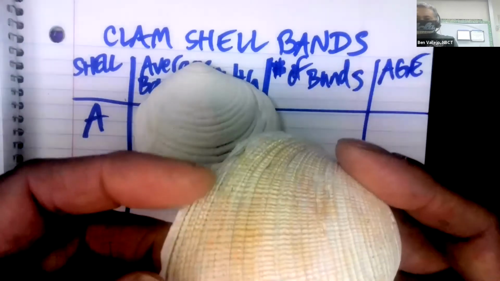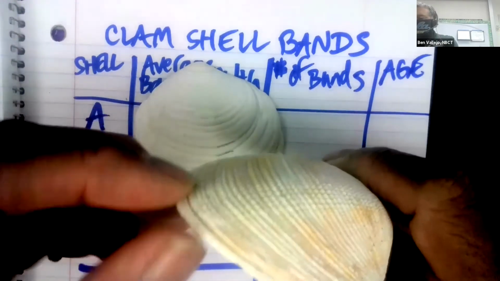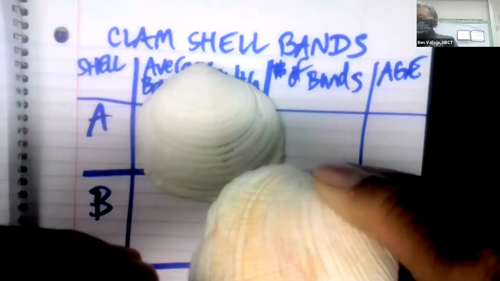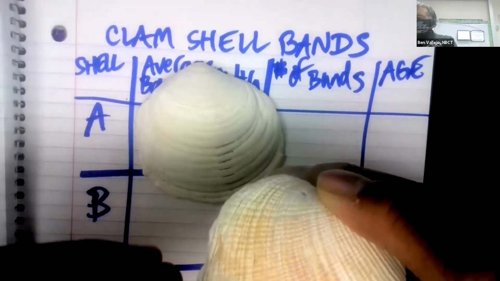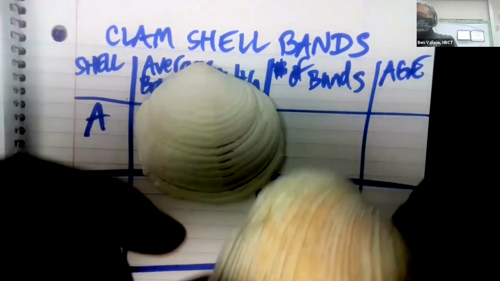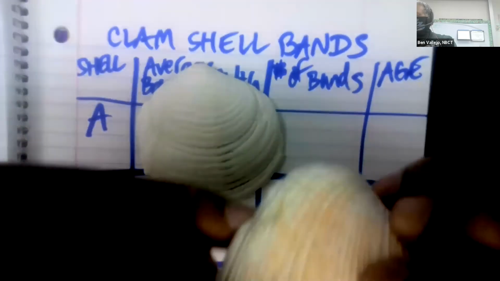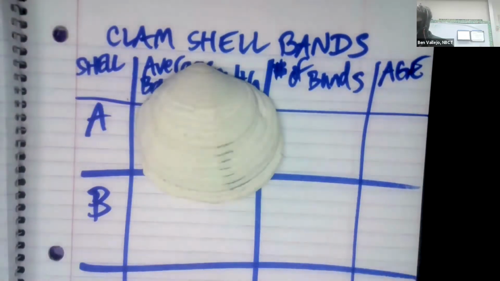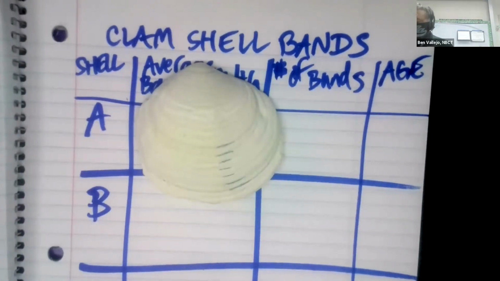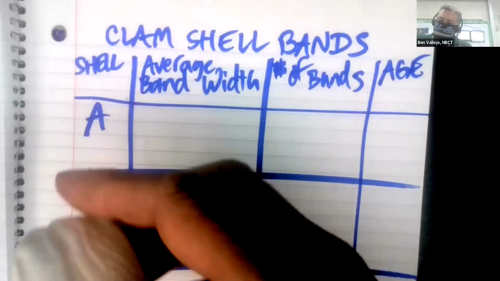But if you look at it from the side, you see that some of them bump up more than others. So from here to here is a band, right? And then from there to there, when you feel the next ridge, that's a band. So this one has a lot of bands all together.